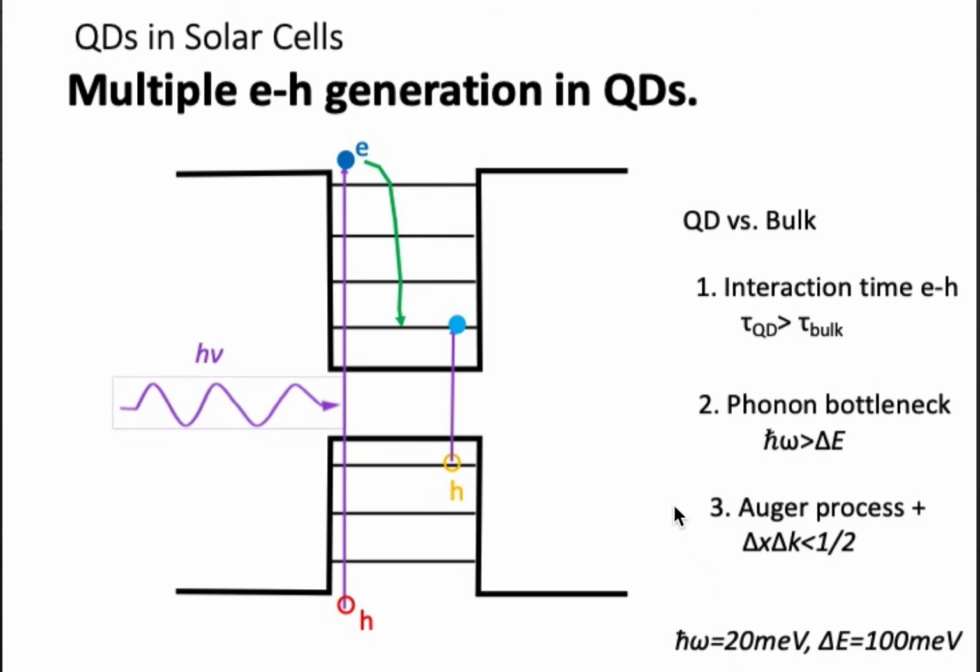And finally, the creation of an electron-hole pair from an excited electron can be considered as an Auger-like process involving three energy levels. The requirement of matching states that is possible is relaxed by the Heisenberg uncertainty principle of the confinement. Thus, more electron-hole pairs are created in a quantum dot than in bulk.